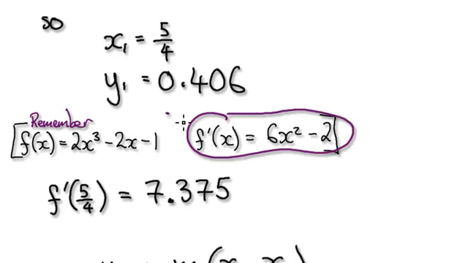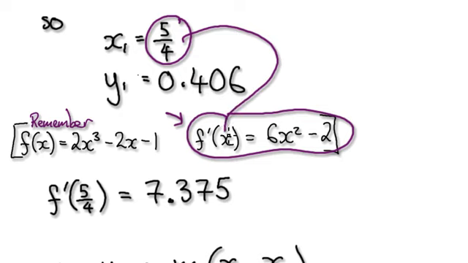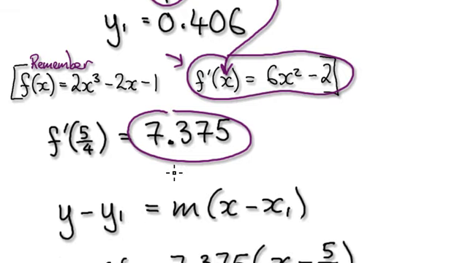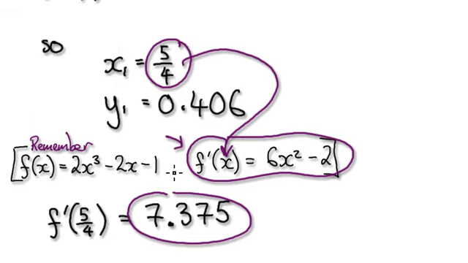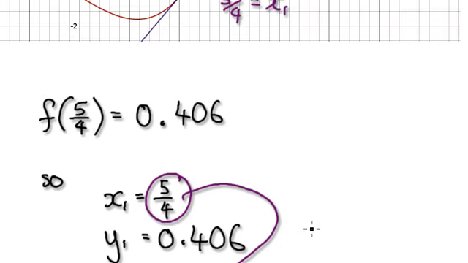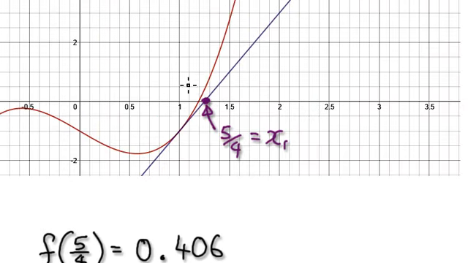So here's the derivative. Now put 5 over 4 into here to work out the gradient at that particular point. That will give you this. So now we know everything: we know the precise location here, and we know the gradient.